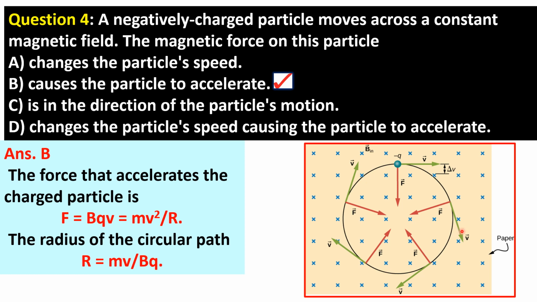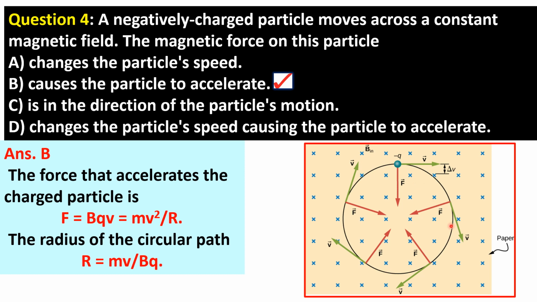Here, we are only talking about uniform circular motion, which is the effect of the magnetic field that is crossed by a moving negatively charged particle. So that makes letter A, as I said, incorrect. Letter C, the magnetic force on the particle is in the direction of the particle's motion, referring to the tangential velocity.